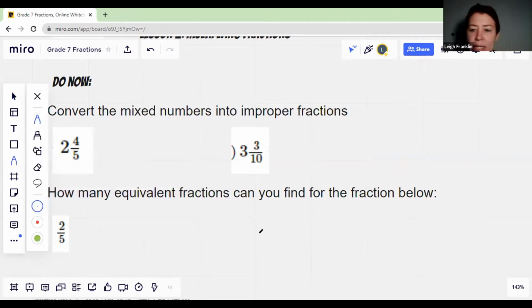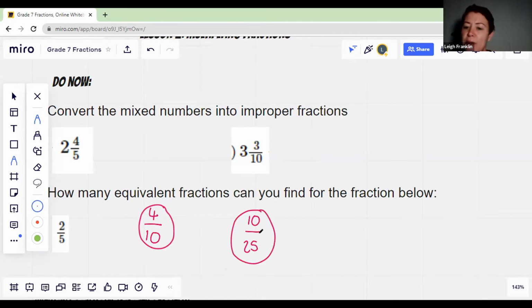What I was hoping is that somebody would say, well, I can multiply the top by 2 and get 4, and I can multiply the bottom by 2 and I can get 10. So that would be one equivalent fraction. Then somebody else might come along and say, what happens if we multiply 2 by 5 and we get 10, and we multiply 5 by 5 and we get 25? So I was just going to get you to play with the numbers a little bit.